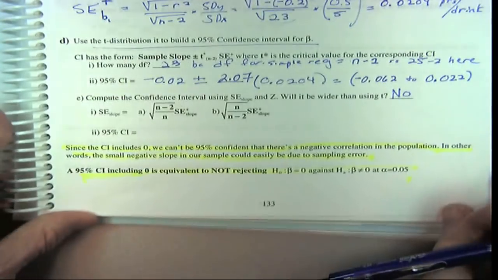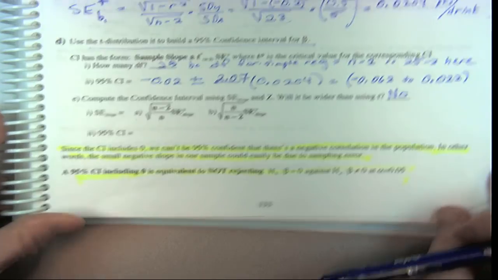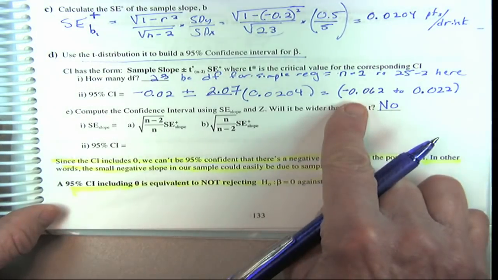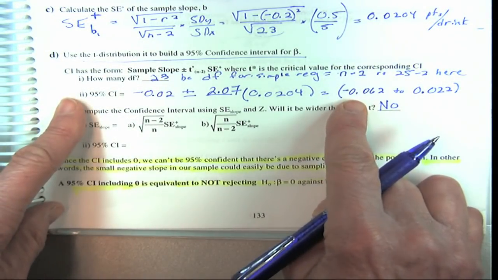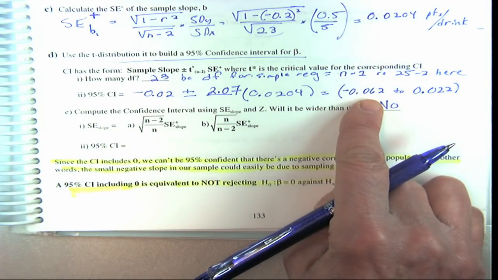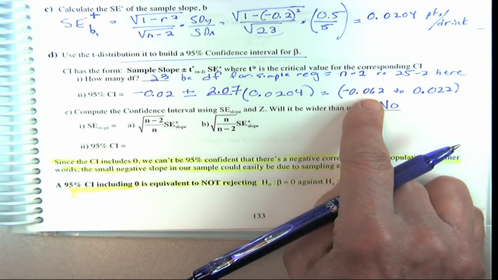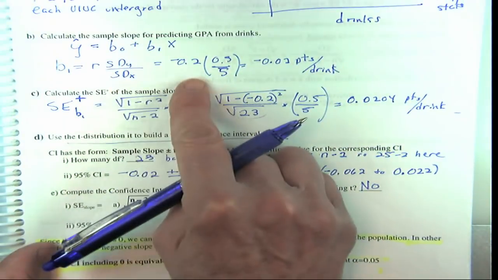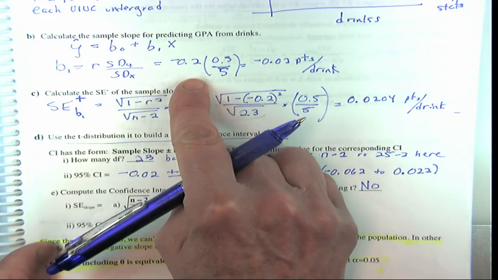Oh, question on B. What did you get? Should it be negative 0.03 or 0.02? Where did I get this?